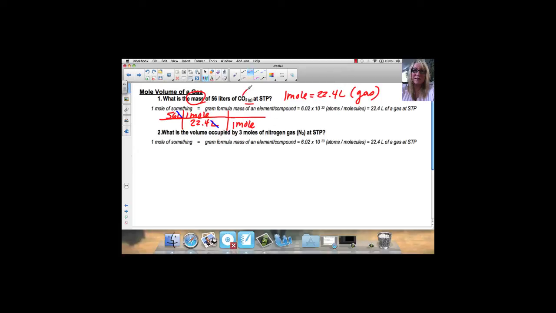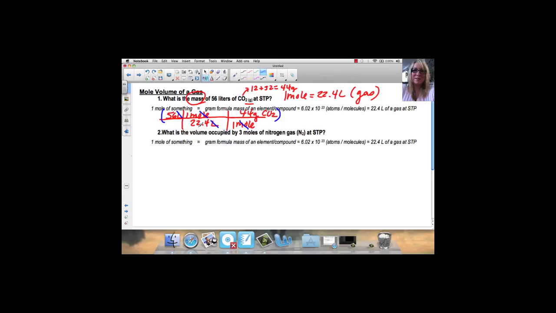What's my GFM of CO2? Well, you've got 12 for the carbon plus 2 times 16 on the oxygen, which is 32, which is going to give us a mass of 44 grams. So 1 mole equals 44 grams of CO2. Now my moles cancel. 56 times 44 divided by 22.4.